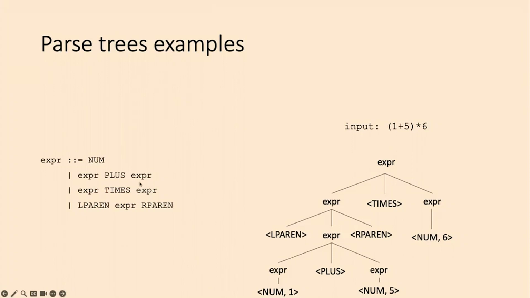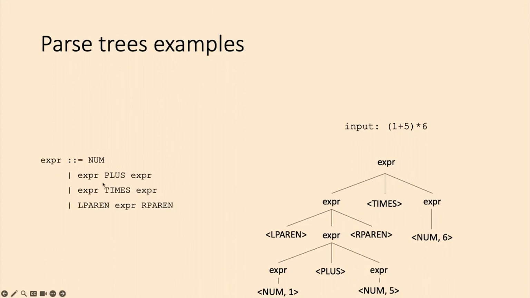Just to run me by again, are those rules? Yeah, so this is a non-terminal, and each line is a production rule. So this is a production rule, expression mapping to a num, or expression mapping to an expression plus an expression, or an expression mapping to an expression times an expression. Each of these choices is a production rule, and each time we expand it, we pick one of the rules to expand it.